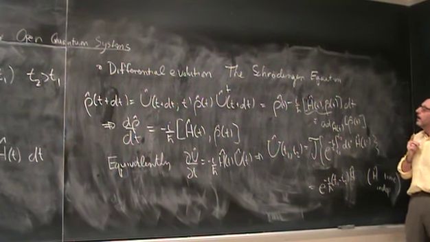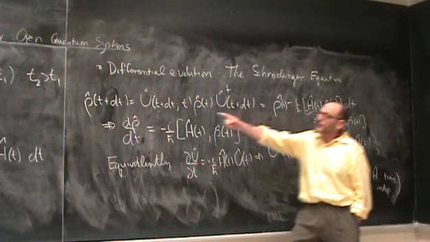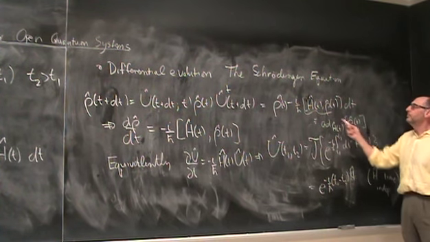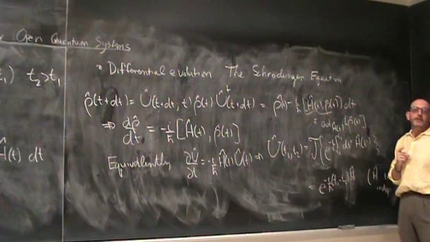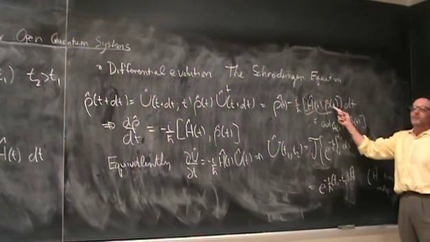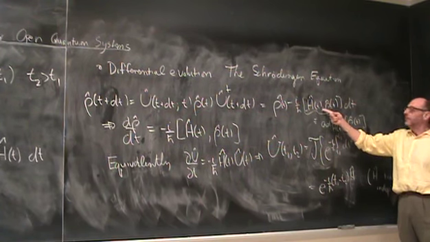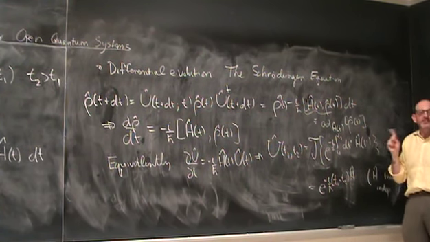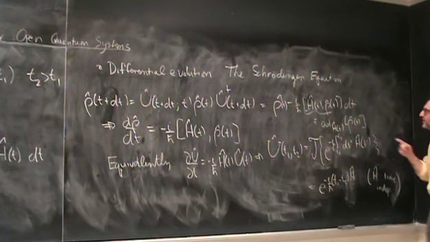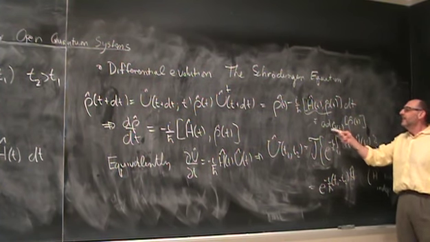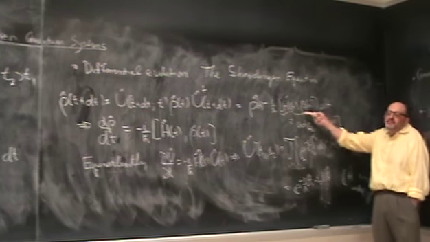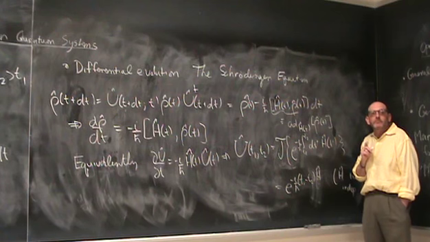The density operator at time t plus dt is what it is at time t with a little piece that's proportional to dt. That little piece is proportional to the commutator of the Hamiltonian with rho, or I could write it in a fancy way, in terms of the Lie bracket, the adjoint action of this operator, which is just another name for the commutator. Okay?